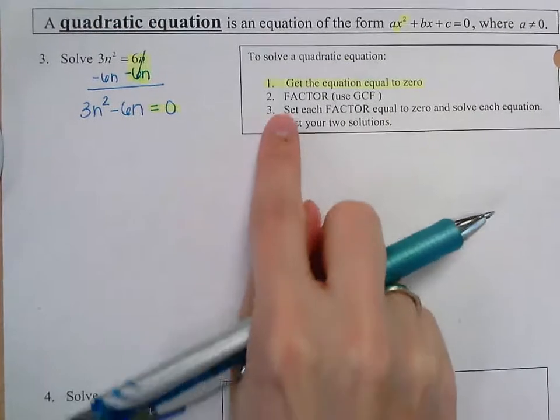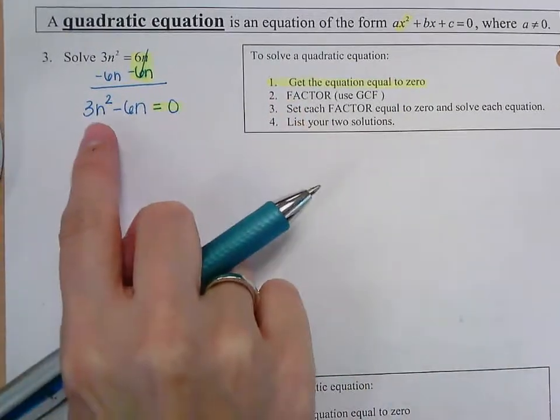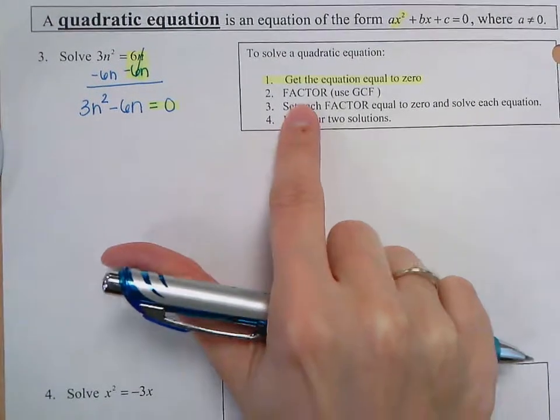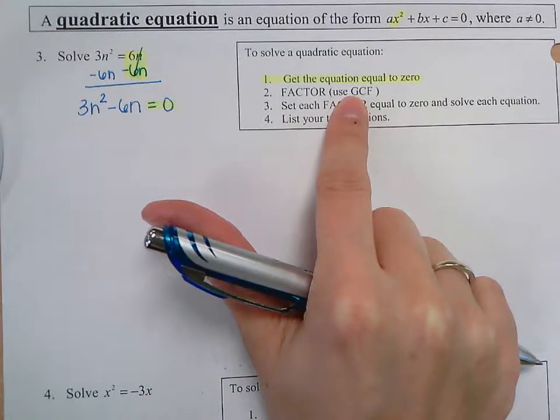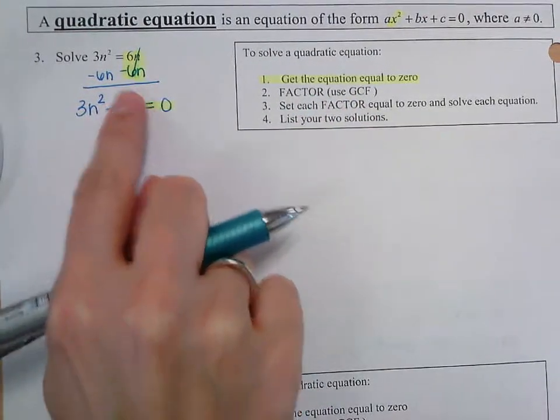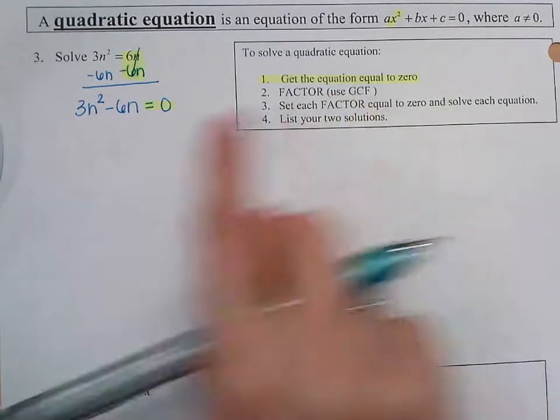Then step 2. The two methods we know for factoring are factoring out the GCF or factoring by grouping. But with grouping, you need 4 terms. So for today, we're factoring just using the GCF, and this is the left side here. I need to factor this using the GCF.